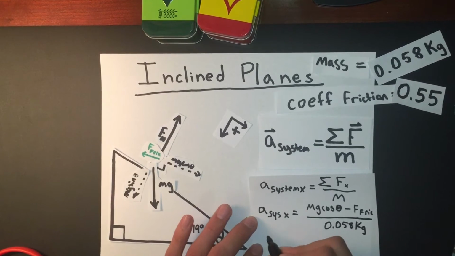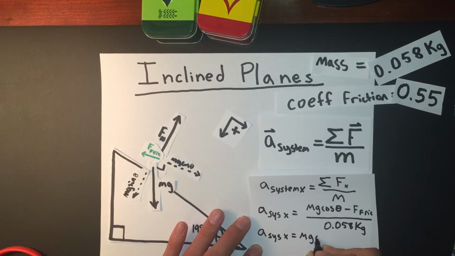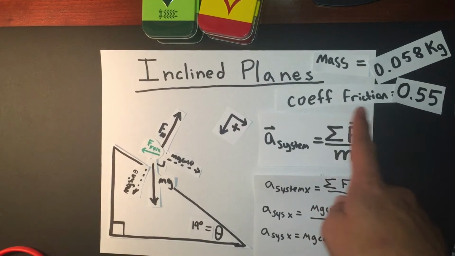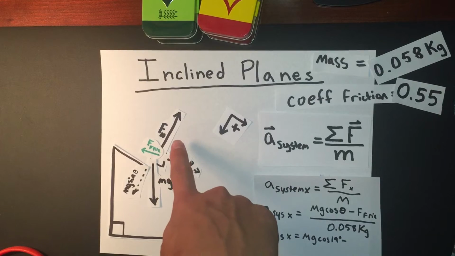That's a light elephant. Now, the acceleration is equal to mg cosine 19 degrees minus the friction force, which is the coefficient of friction, 0.55, multiplied by the normal force.